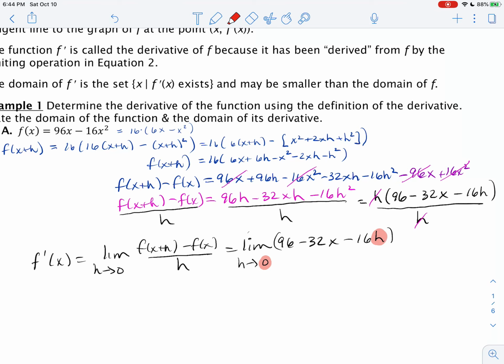The limit of a constant is a constant, the limit of a difference is the difference of the limits, and the same for sums. So I end up with my limit being 96 minus 32x minus 16 times 0, and that's going to give me 96 minus 32x, and that is my derivative function. Good.